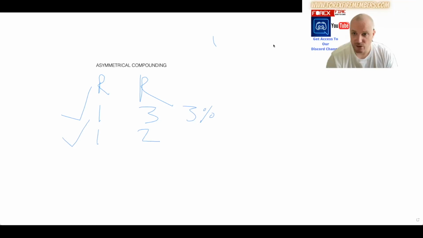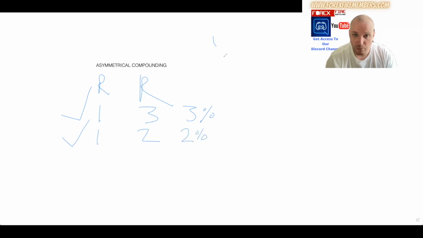So we've had our asymmetrical compounding, we've had our RR. First of all, we had a 1 to 3. It won. We gained 3%. Our second trade was a 1 to 2. That won. Just get my handsome face a little bit bigger. So now we had a 1 to 2, that gives us 2%.